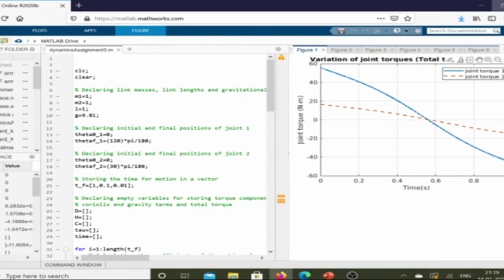With whatever we have done in the last few classes, especially with MATLAB, you should be able to do that now. Today's class was on the use of MATLAB, and we have seen how to write an inverse dynamics program and how to compute the various terms, H, C, and G terms of the dynamic equation.